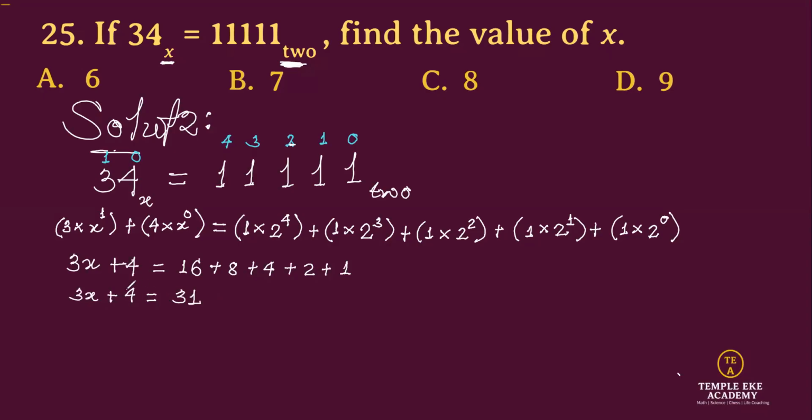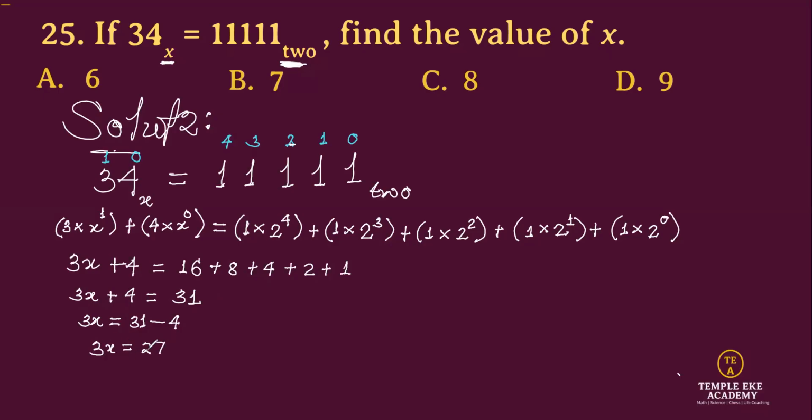Let us subtract 4 from both sides so that we have the term in x left on the left-hand side. So 31 minus 4, and that gives us 3x equals 27.